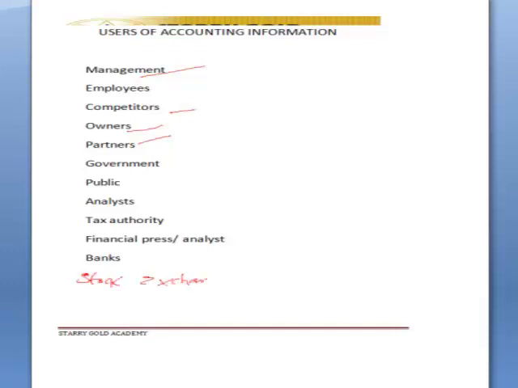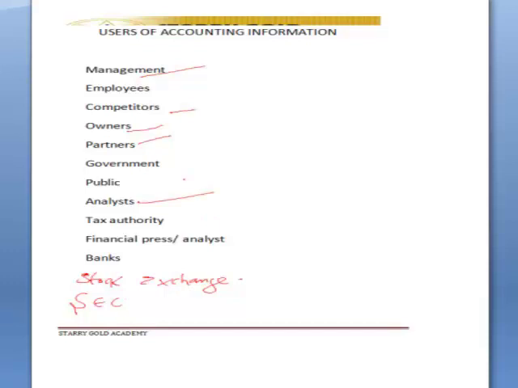The stock exchange has an interest. Then we'll talk about the SEC, Securities and Exchange Commission. Also, we have economic planners, like the analysts. The analysts find their way in.